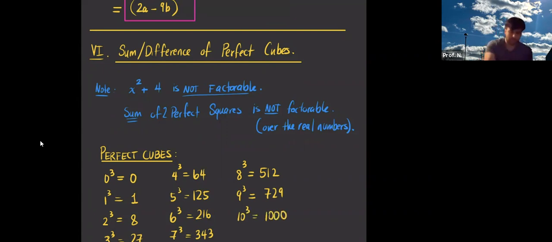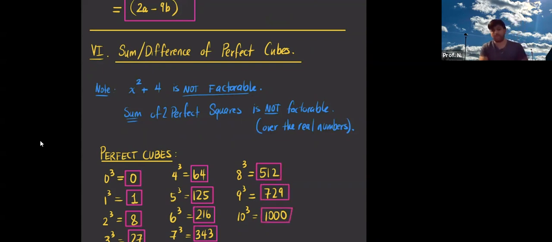So again, the numbers enclosed by a pink rectangle here are called perfect cubes. These are numbers you get when you take a number and cube it. That's what a perfect cube is.